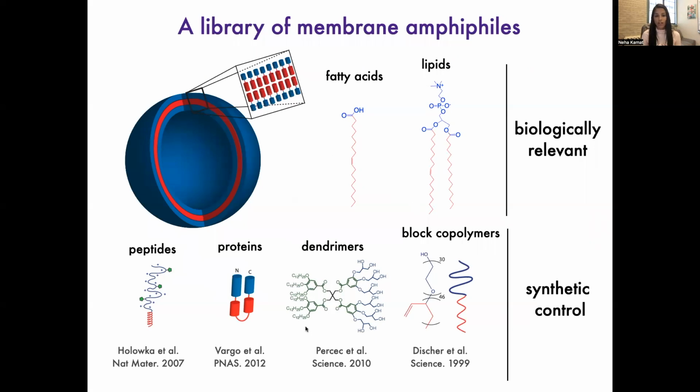Each of these types of molecules has a different type of property, and what we'll do in our lab is mix and match the amphiphiles that we're interested in to create a membrane with either distinct chemical or physical properties. And then we'll ask a question about how that specific change in property affects a process we're interested in, like the activity of a membrane protein or the ability of a protein that's embedded in this membrane to trigger a cellular response.